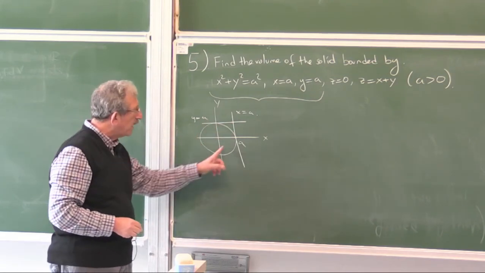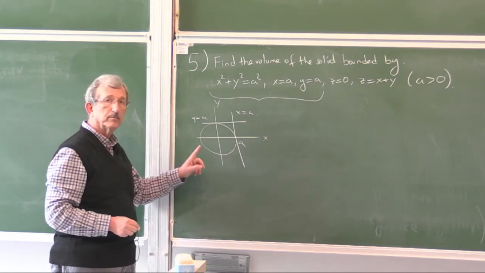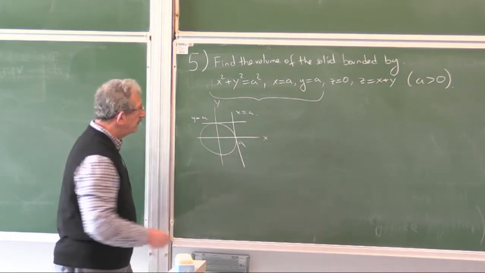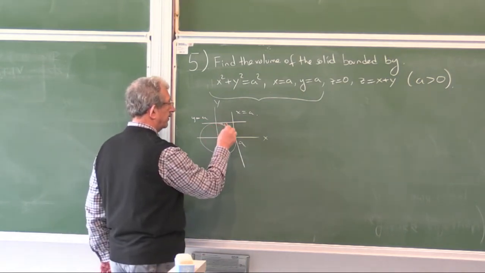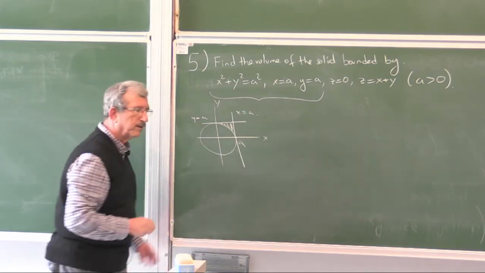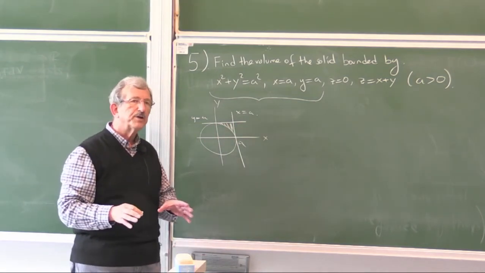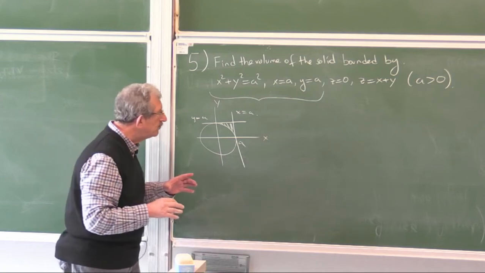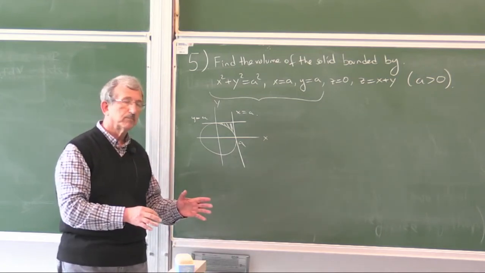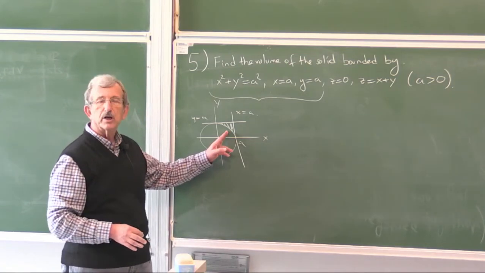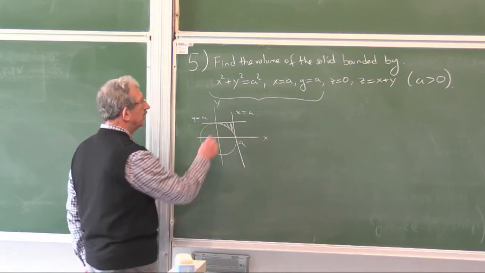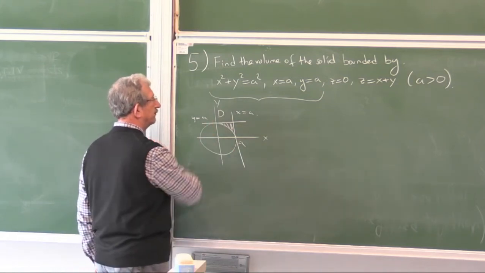One is bounded by the circle alone. The other is here. As I remarked earlier, if nothing is specified, we take the one which is determined by all of them, which necessarily points out to this region. So this is our D.